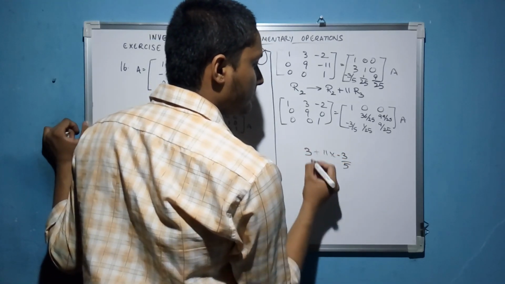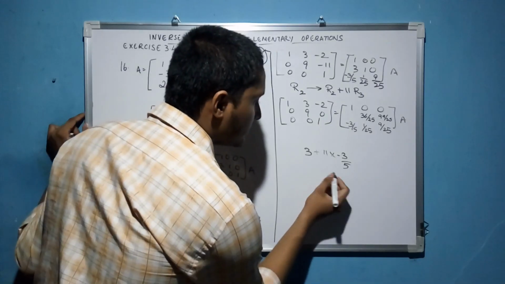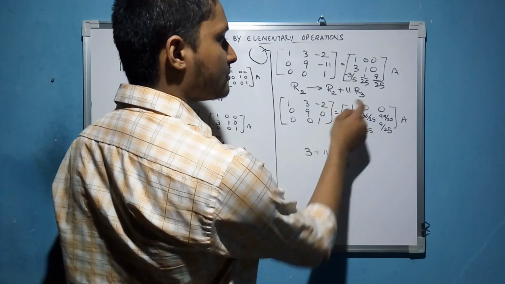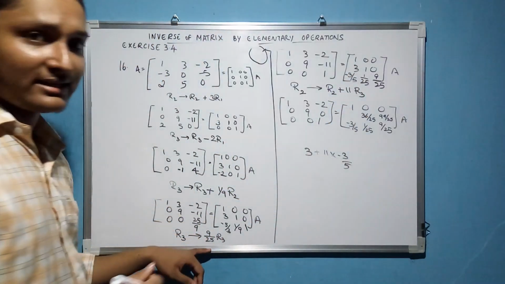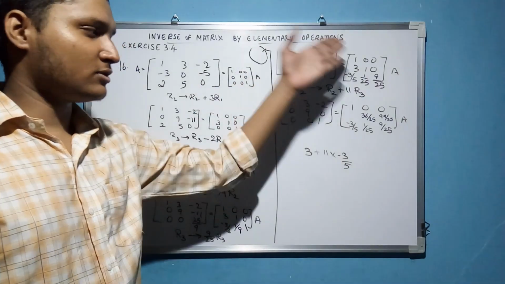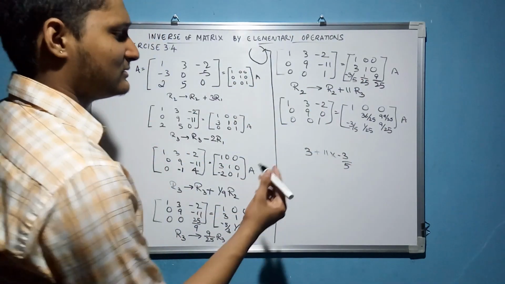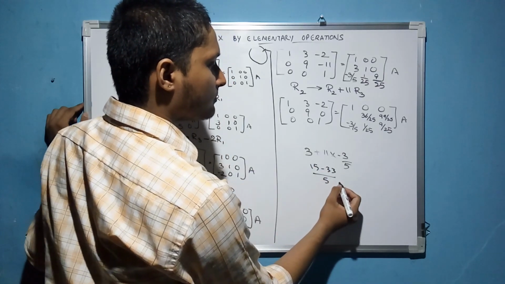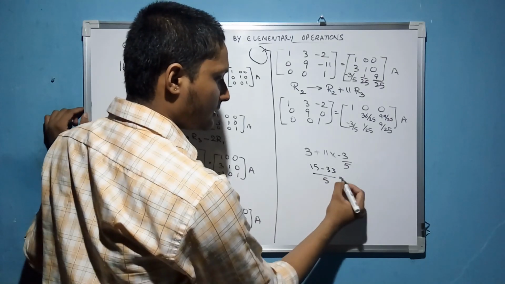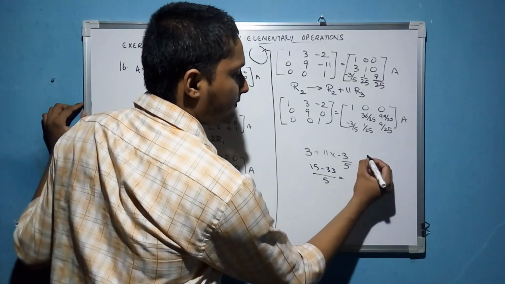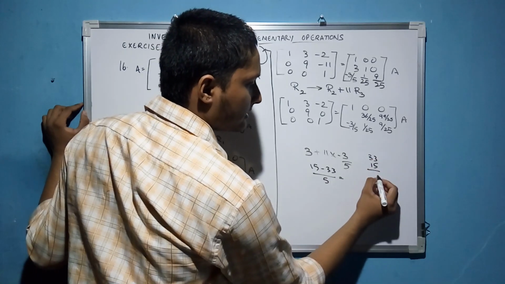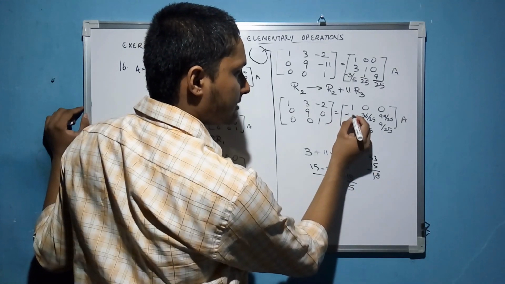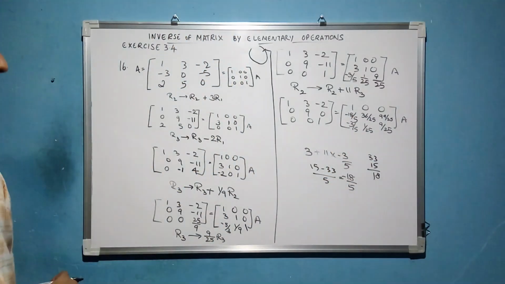Since I had divided by 9 by 25, that was the biggest problem, so you're going to get so many irritating things now. So 3 plus 11 times minus 3 by 5 is 15 minus 33 divided by 5. 33 minus 15 is 18, so minus 18 by 5 is what you're going to get. So this much we got now.